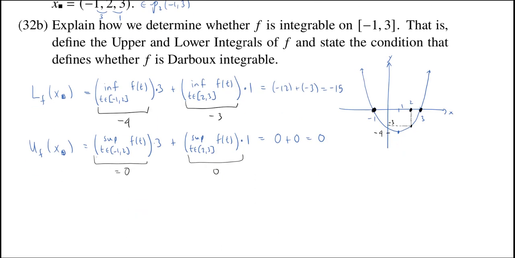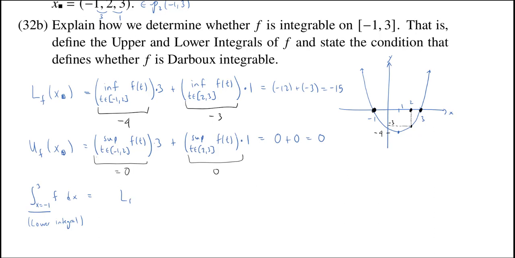So the upper integral, or maybe we'll do the lower first. If I was going to integrate from -1 to 3 this function f with respect to x, and I want to do the lower integral, indicated with this underline on the bottom side, what we want to do is look at all of these lower sums.